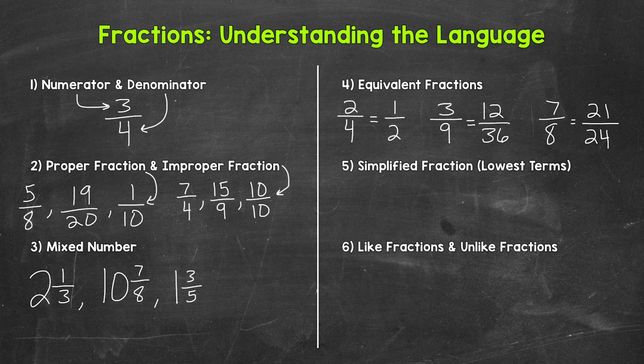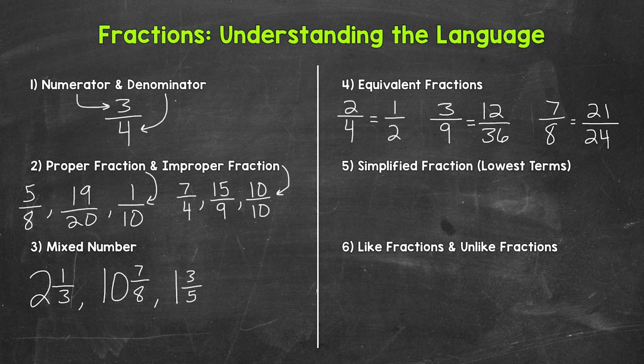Moving on to number five, we have simplified fraction, which you may also hear called a fraction in lowest terms. These mean the same thing. Now, as far as what a simplified fraction means, that means the greatest common factor between the numerator and denominator is 1.